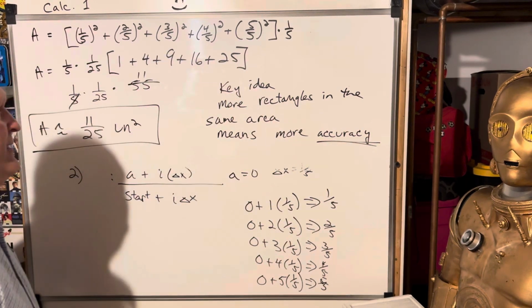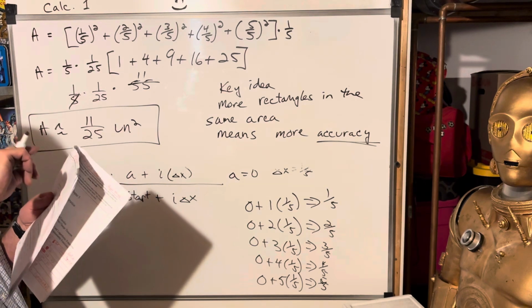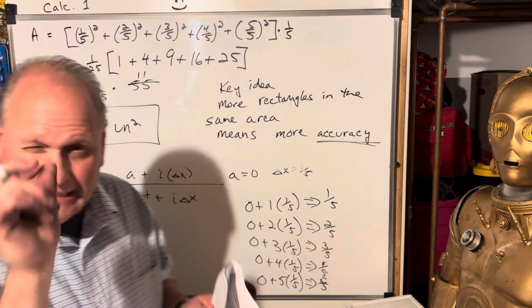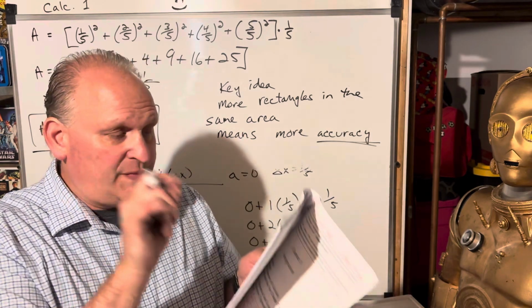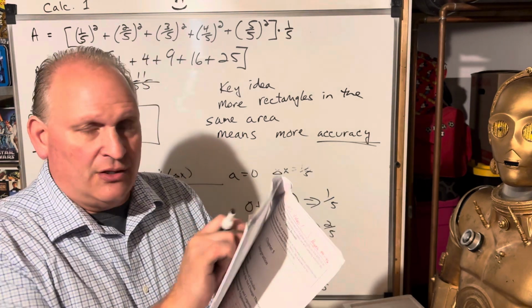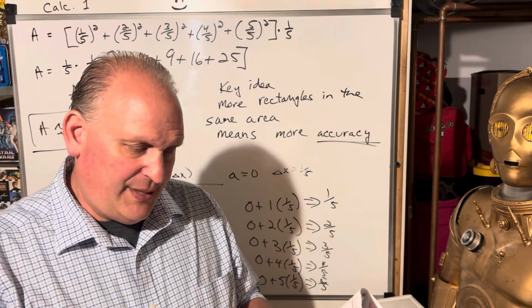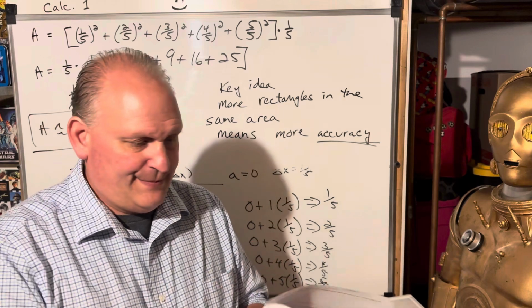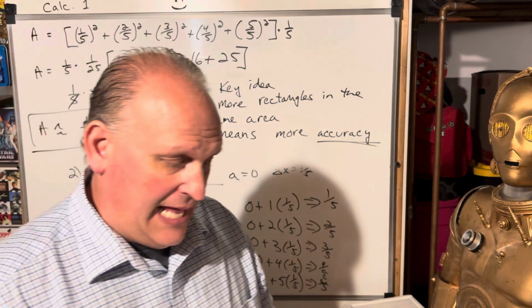So if I changed n from 5 to 25, I had 25 little rectangles in there, it'd still be a little bit of an overestimate, but it'd be much closer because there'd just be these tiny little areas going over that curve. And if I made n 100, I'd be right on the money. It'd be a lot closer. So accuracy increases as I increase n.